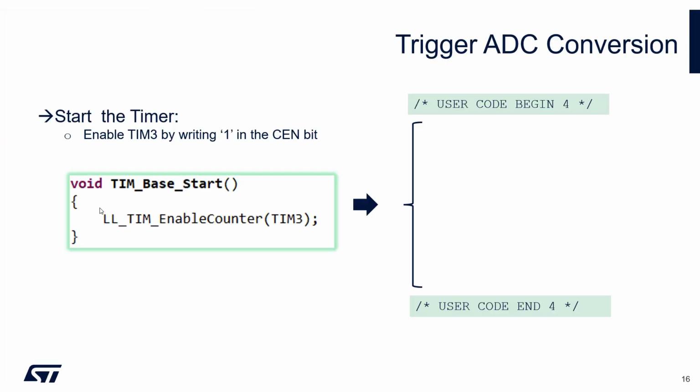Here we have the function that will enable the counting of the timer 3. So we have just to write 1 in the CEN bit. So it's a simple function. Let's copy this function.